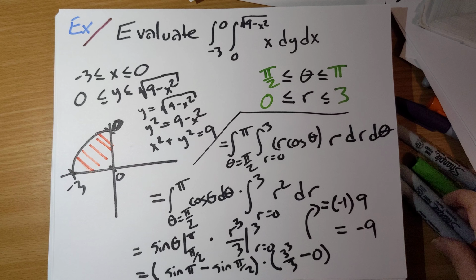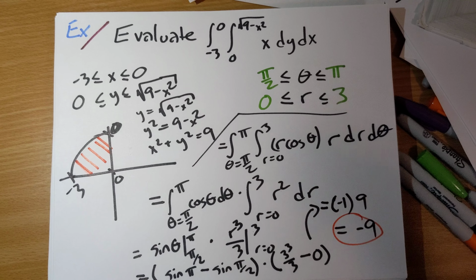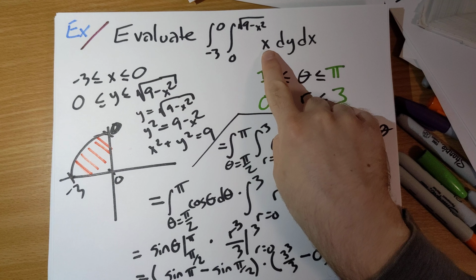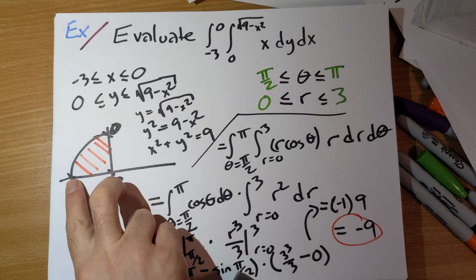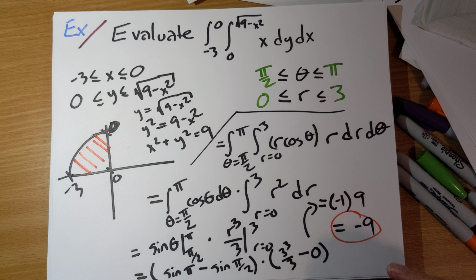So -9 is our final answer. And I should say it makes sense that we're going to have a negative answer here. We're integrating x on this region. X is negative on this region. So the fact that we end up with a negative answer makes sense.